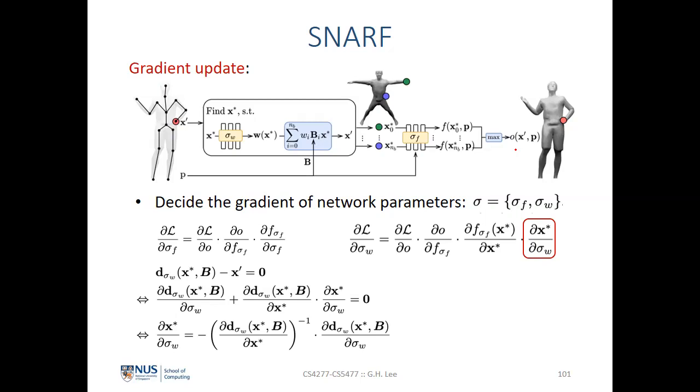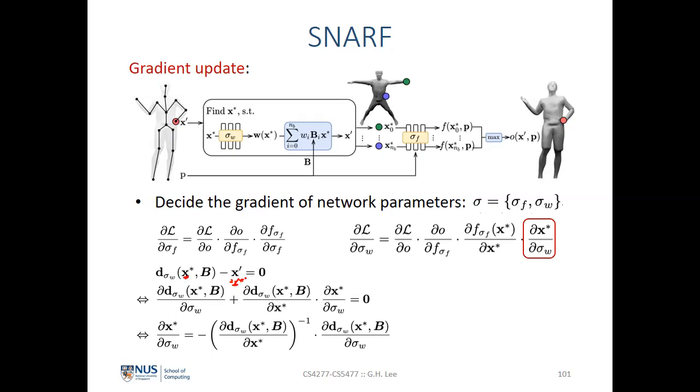So when you infer the weight parameter, you need to partially differentiate delta x star with delta sigma w. But this requires you to solve this root finding equation, because you need to solve for x star, where this x star is actually the input of your deep network.